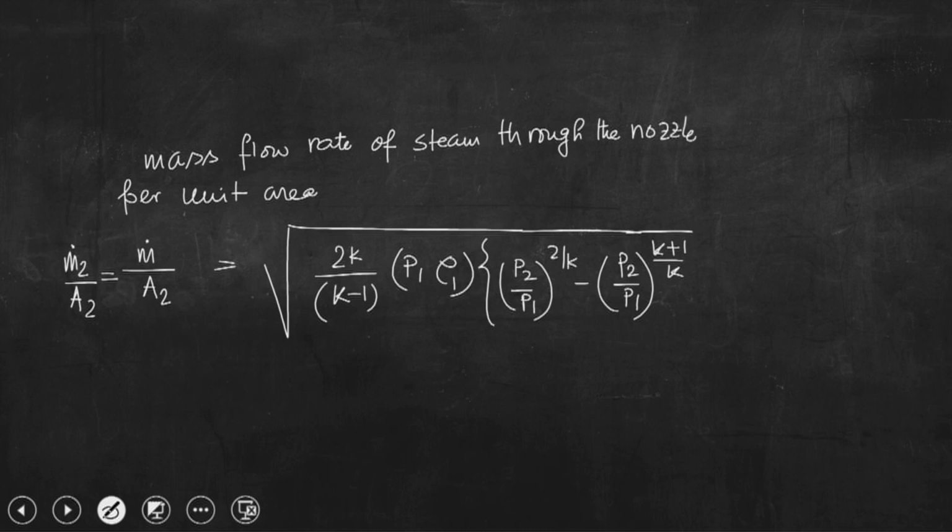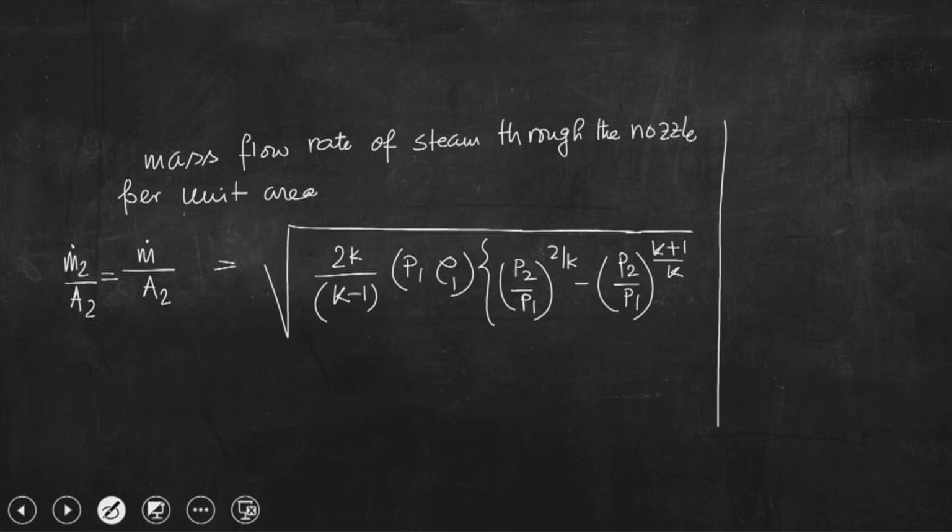Right, and we also have discussed that the mass flow rate of steam per unit area, or even multiplied with this A 2, because A 2 is fixed depending on the flow nozzle exit area. We can see that this quantity is a function of P 1, rho 1, k and also the ratio of P 2 by P 1.